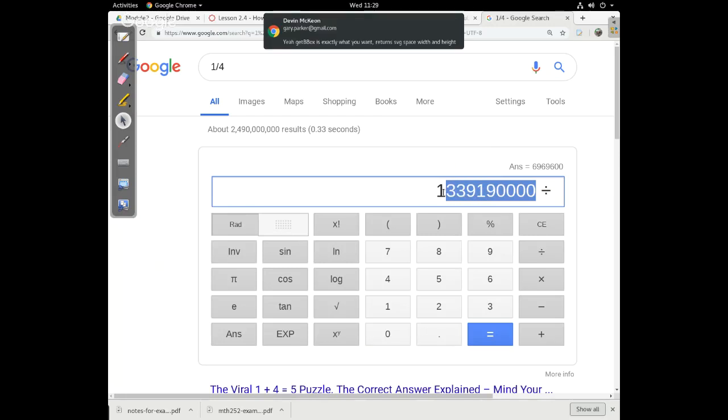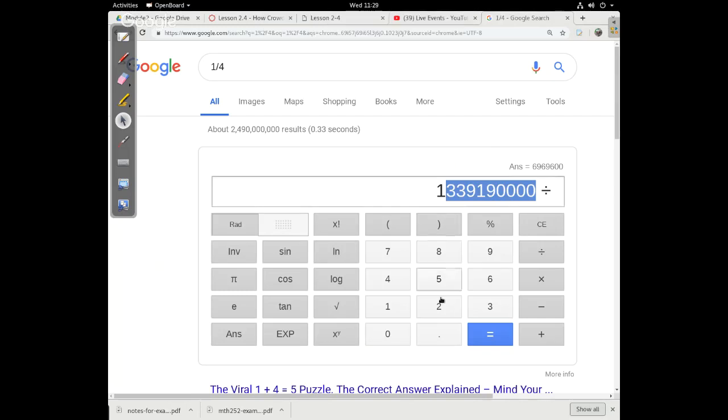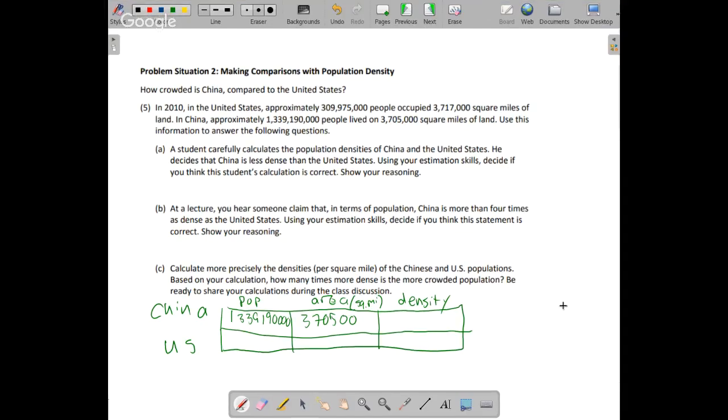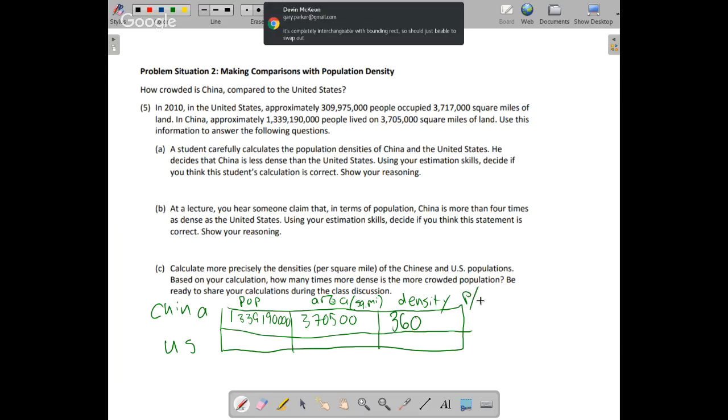Thousands, millions, billions. Yep. And we want to divide that by 3,705,000 square miles. So China's density is about 361-ish, is what we can report back. So 361, and that again is people per square mile.